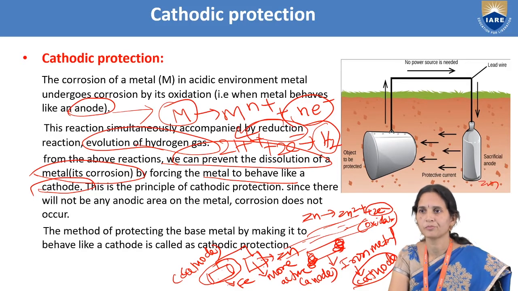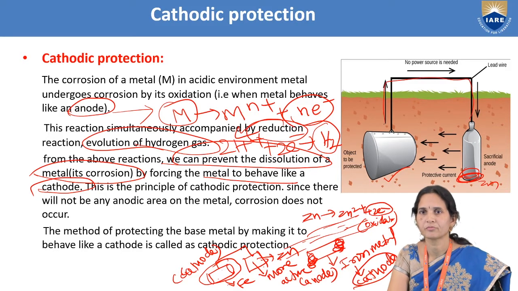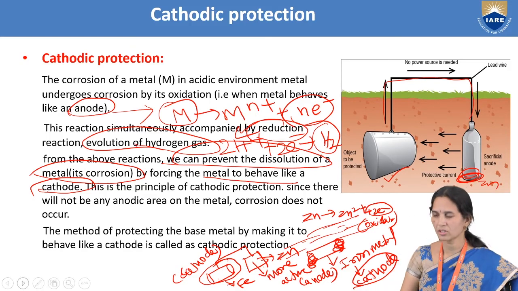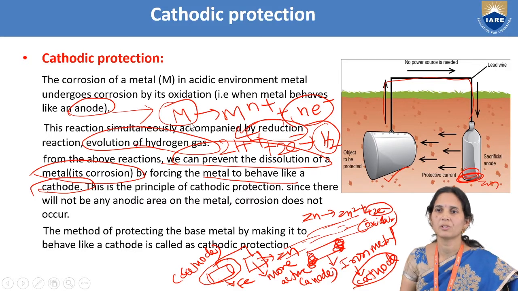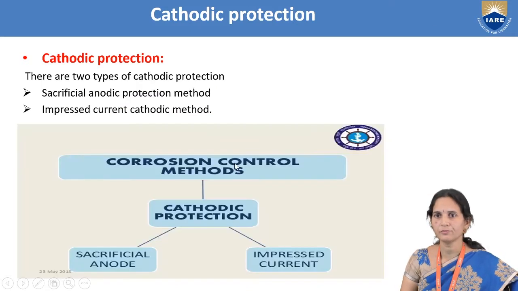The zinc will undergo corrosion and the container will be protected. It is connected with a lead wire. Here the base metal behaves as a cathode, by connecting it with another metal which is more active than the base metal.